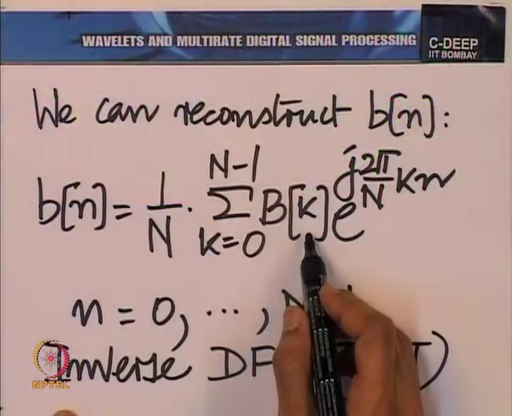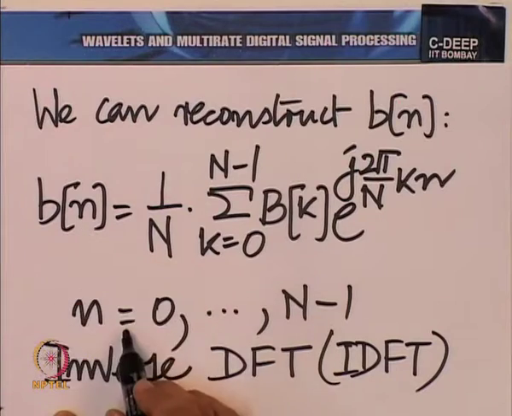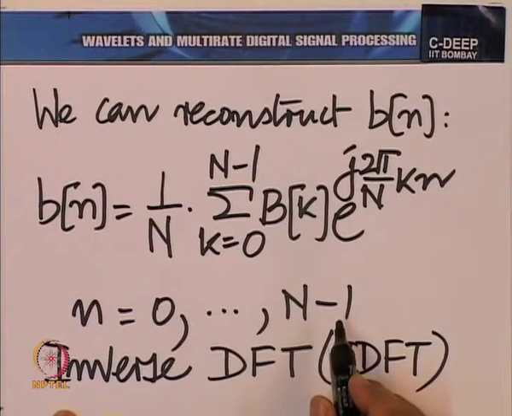You see, what is to be noted here is that although we have talked about a limited sequence, actually you can periodically extend that sequence in capital N. Whatever expression we have here reconstructs b[n] from capital B of k, seemingly only at n equal to 0 to capital N minus 1.